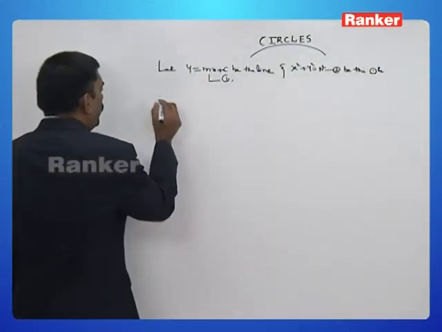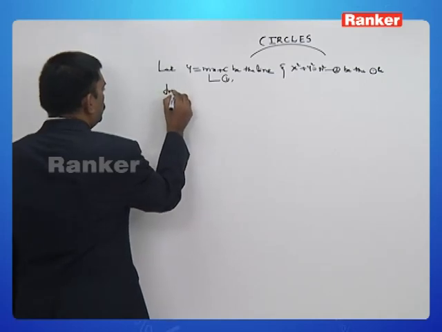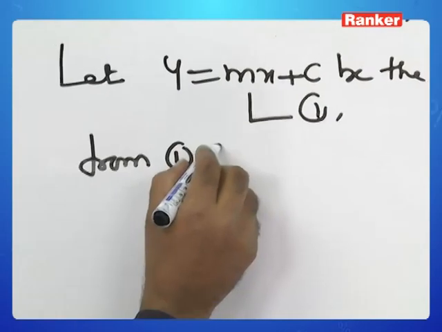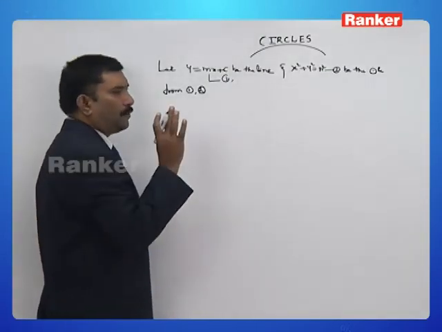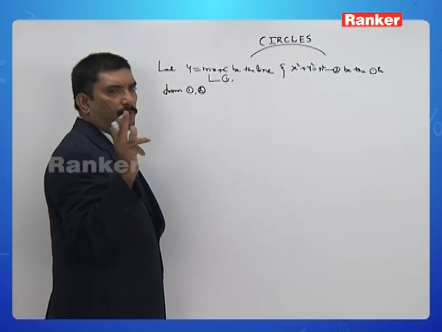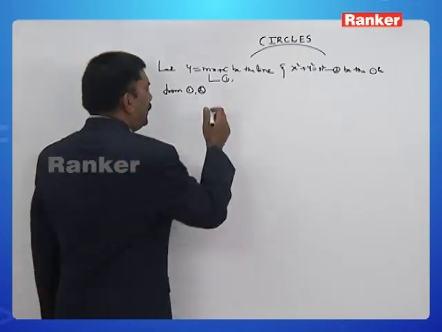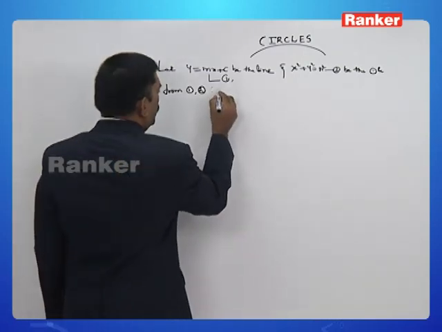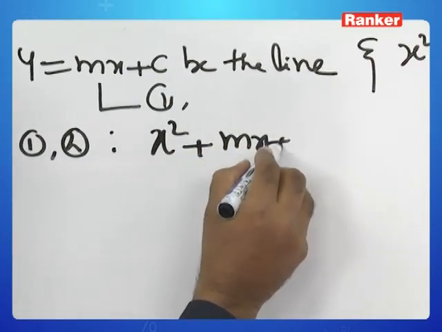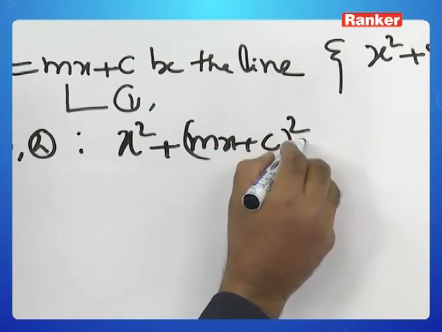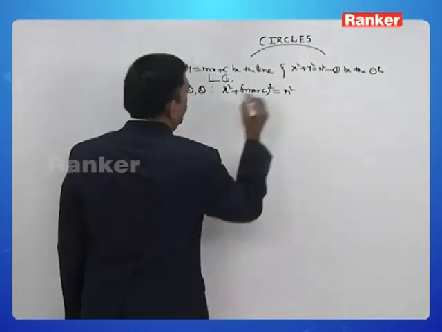Now from 1 and 2, we convert to either a quadratic in x or a quadratic in y. So x square plus (mx plus c) whole square is equal to r square.